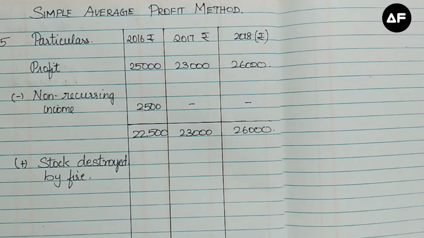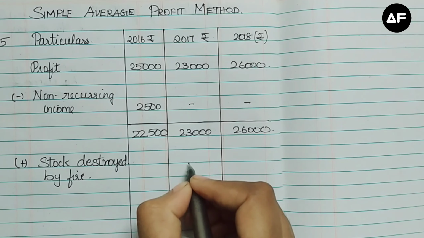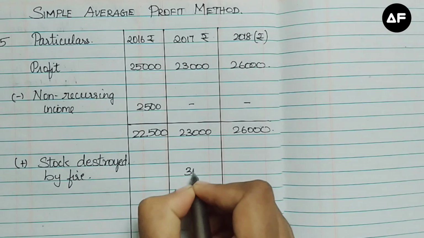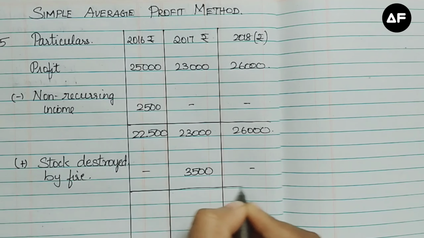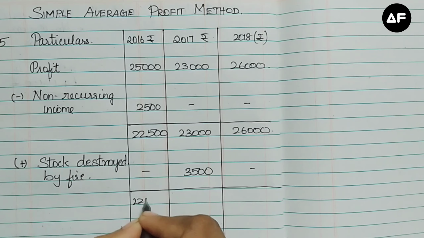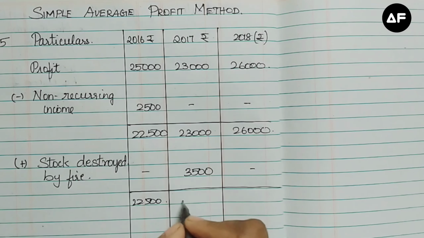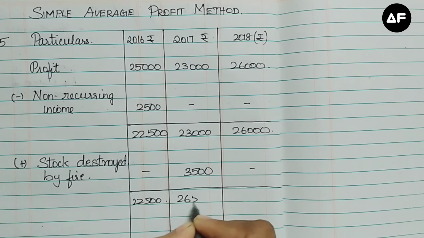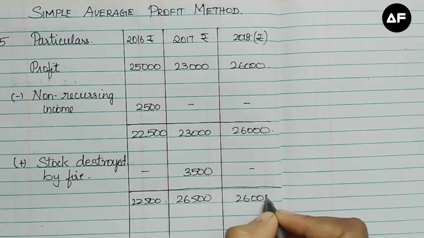It was rupees 3,500 which occurred in the year 2017. So straight to 2017 I put 3,500. The others are going to be nothing. So bring down 22,500 for 2016. Now 2017 is going to be 26,500 and the last year 2018 is 26,000.